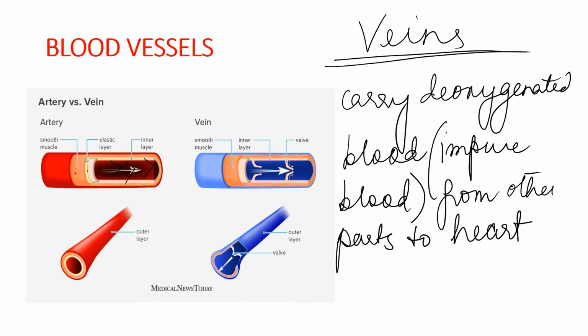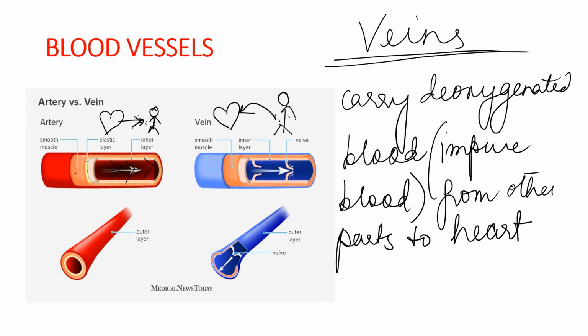Alright, so the artery was from the heart, let me draw it this way, this is your heart, from the heart to other parts of the body. But in the case of veins, it is from other parts of the body that deoxygenated blood goes to the heart.